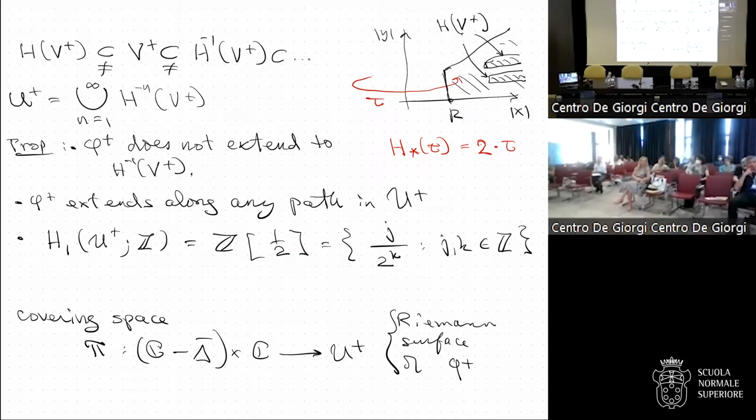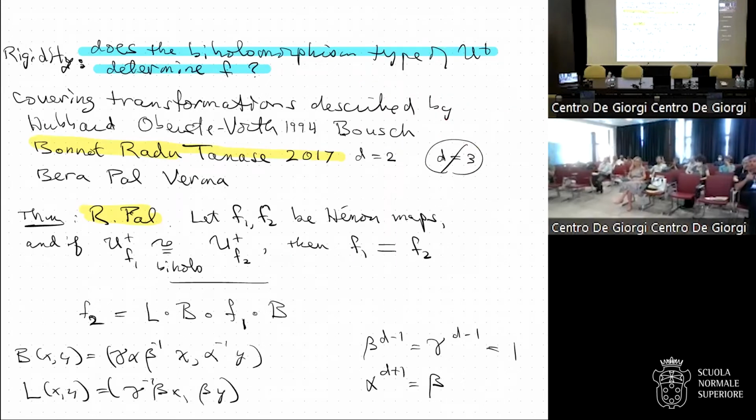So you've got infinitely generated topology. Something interesting, okay? I mean, Hubbard was quite right. This is interesting. And you can think of this as a covering space, which is the Riemann surface you would get by taking the function phi plus and analytically continuing it as far as possible.